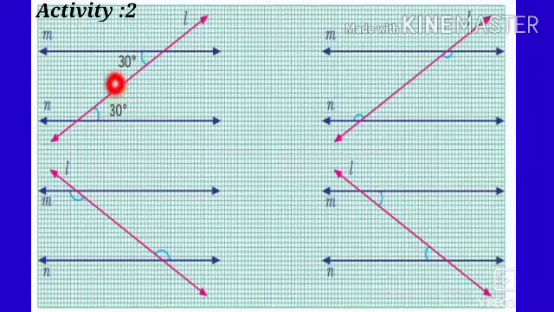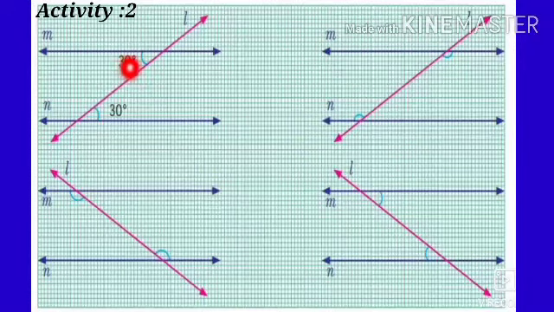One pair of angles is measured and found equal. So here it is 30 degree and here 30 degree. Now we are going to find the measurement of the other remaining three pairs of angles.